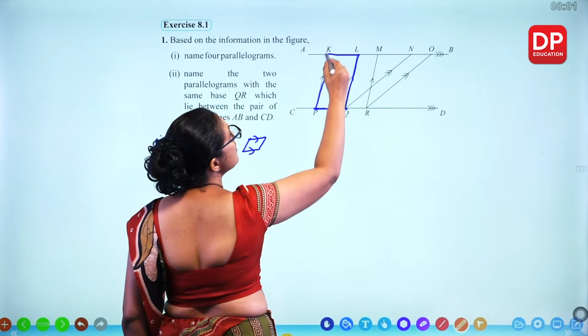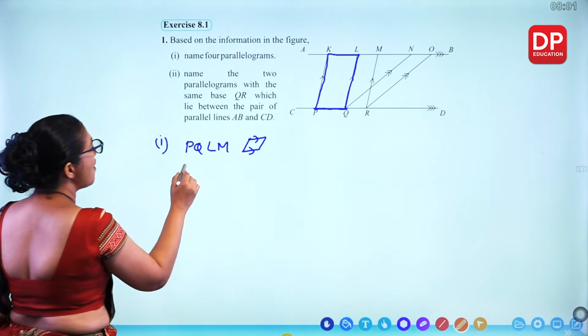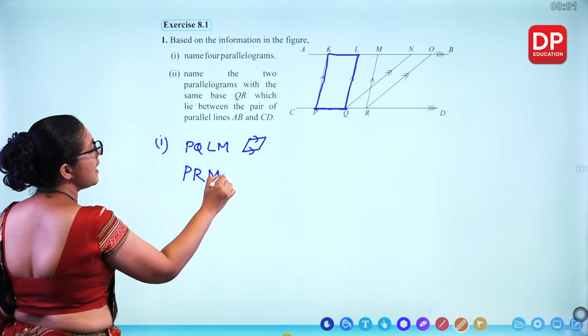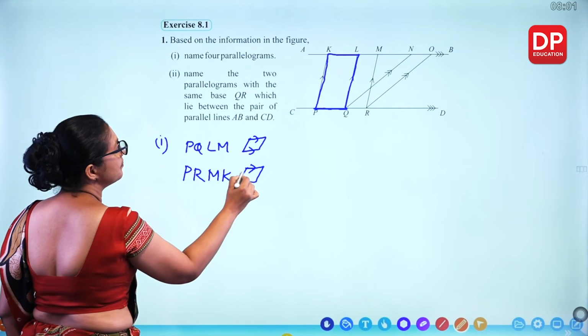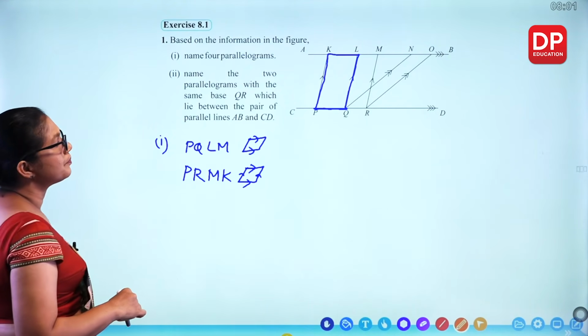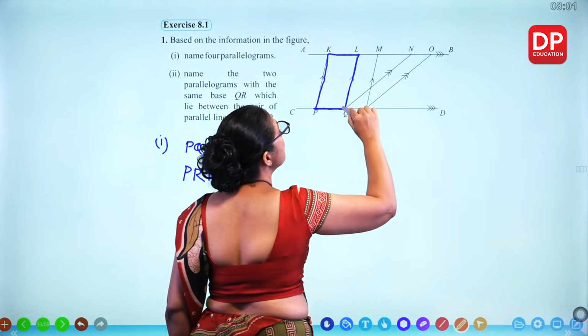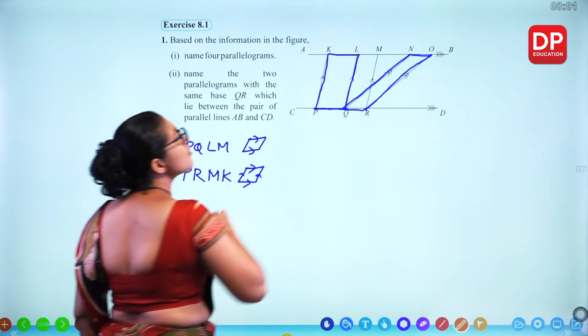I see the big one also, this line is parallel to this one. I can see PRMK is another parallelogram. What else? What about this one? This is also a parallelogram.